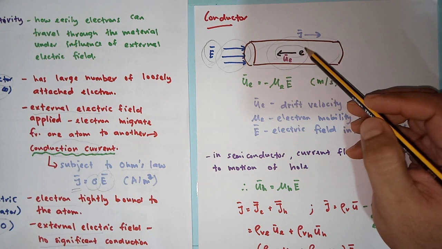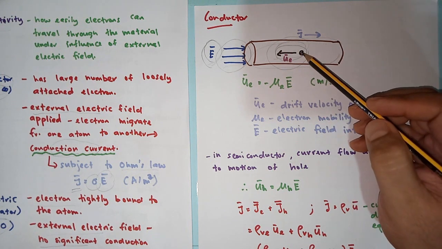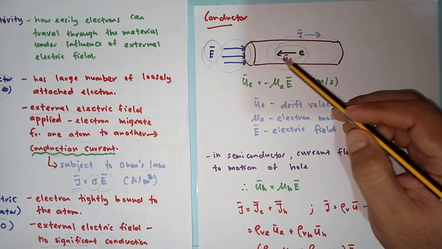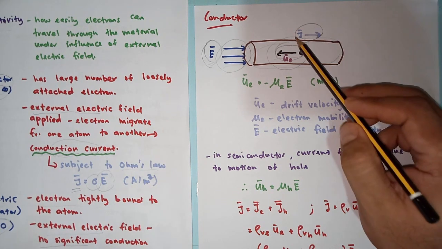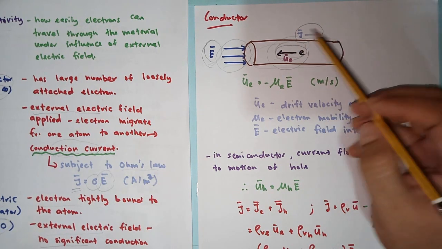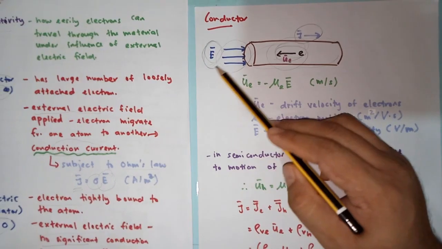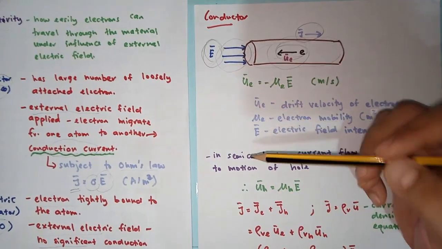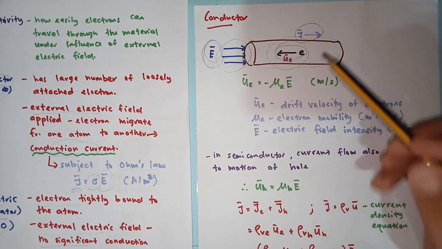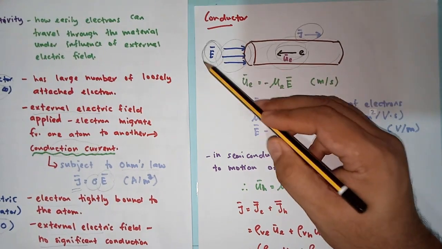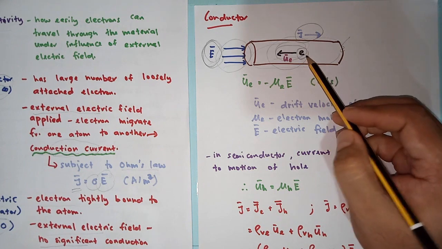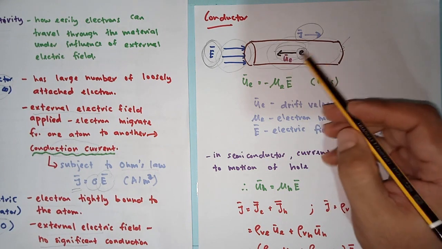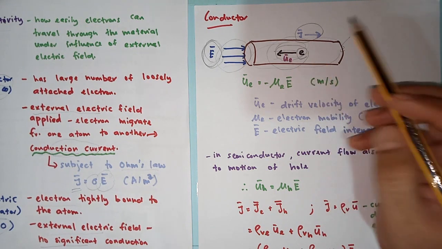In this particular case, when the electrons migrate from one atom to another, we have a conduction current, and the direction of the conduction current will be the same as the direction of the electric field. Let's say when we apply an external field to this conductor, the electrons will move to this side with a certain velocity.